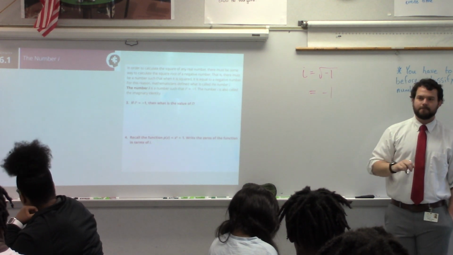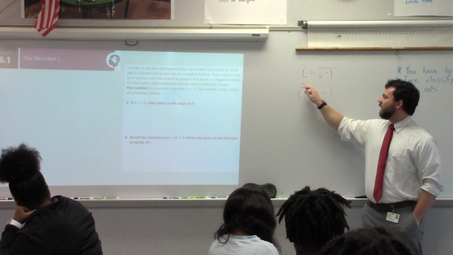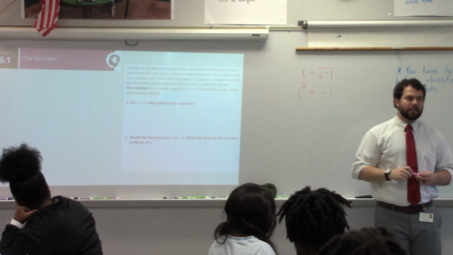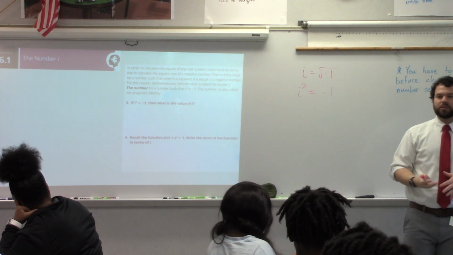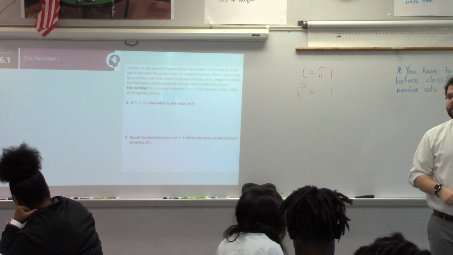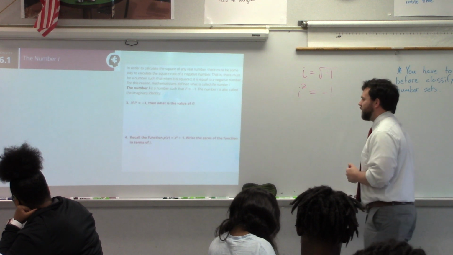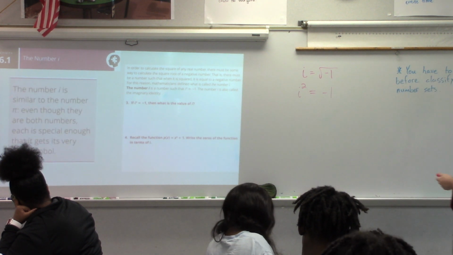What is that? i squared. Remember, we defined i squared as -1, which is how we got i is the square root of -1. The idea is that something times itself had to give us a negative, and that's where the imaginary number i comes from.